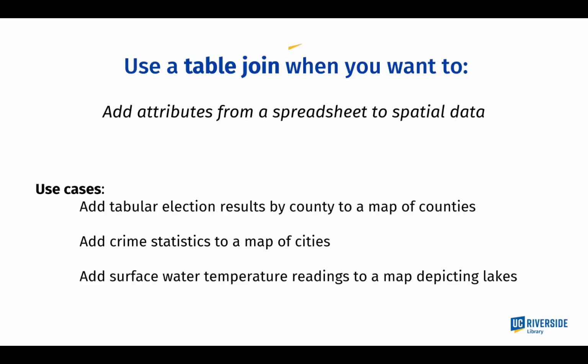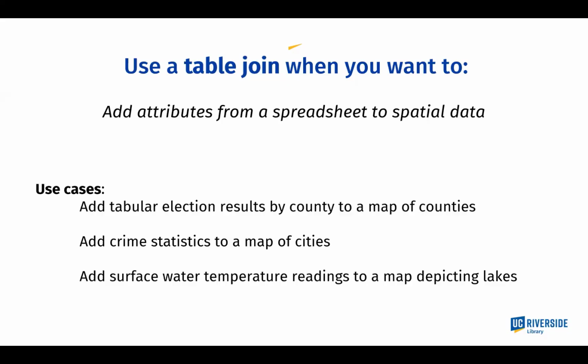What is a table join, or why do you do it? Well, you do it because you have attributes in your spreadsheet that you want to join to spatial data. Some common use cases: you have election results by county and a map of counties, and you want to represent those results on your map.